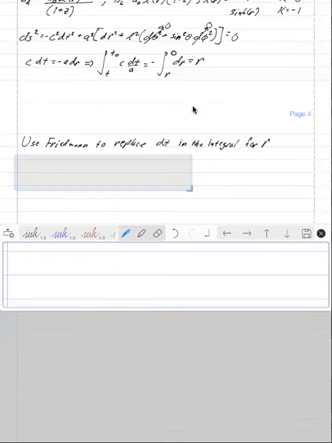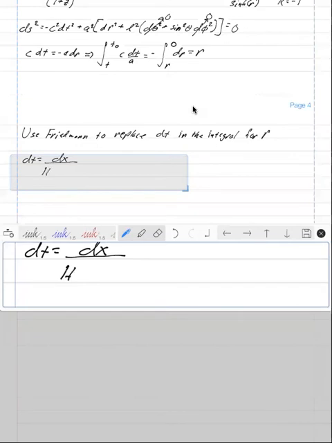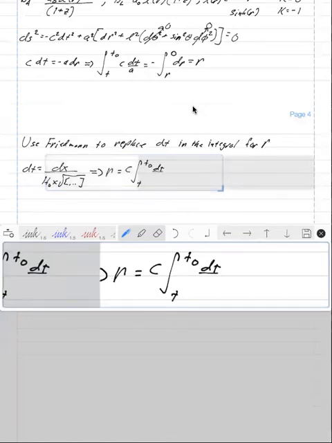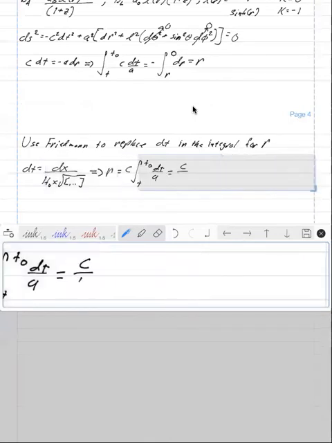All right, so recall that dt is equal to dx over H naught x times the square root of all that stuff in the bracket. Now, if we take this and plug it into the integral for r, which remember is c times the integral from t to t naught of dt over a, this is equal to c over H naught.